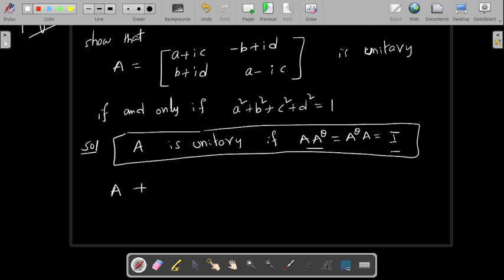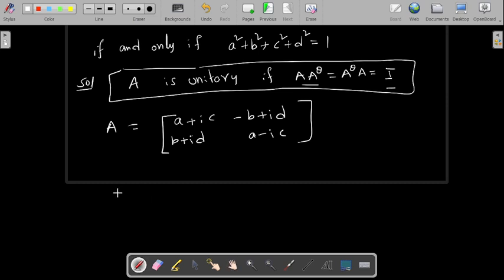So A is equal to, first we'll write the A matrix: A plus iC, minus B plus iD, next B plus iD, next A minus iC. So now what is A dagger? A dagger means A conjugate transpose.